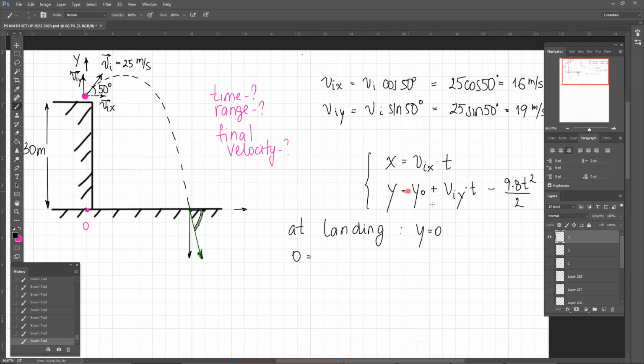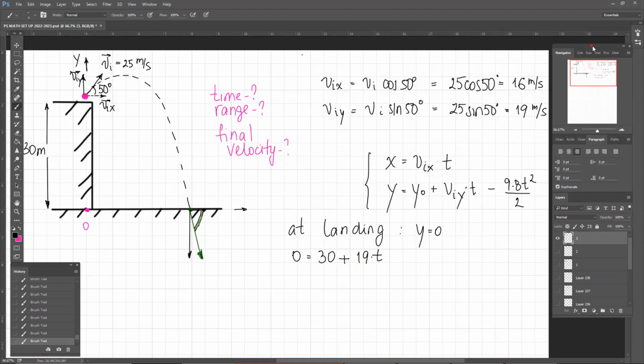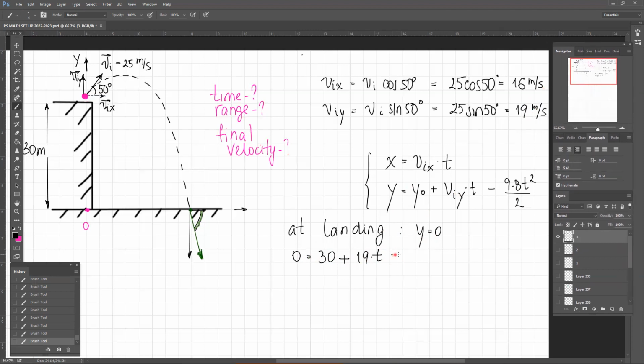So what do I have for my second equation? 0 equals 30 plus 19t. Where's 19 coming from? From here. Minus, instead of 9.8 divided by 2, I'll just allow myself 4.9t squared.